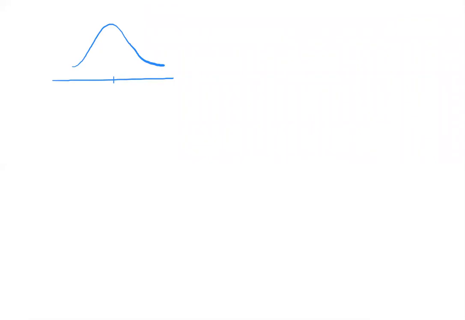So the mean is 60. 120 is somewhere here, right? More than 120, meaning you are looking for this. So you're looking for the probability that x is greater than or equal to 120.